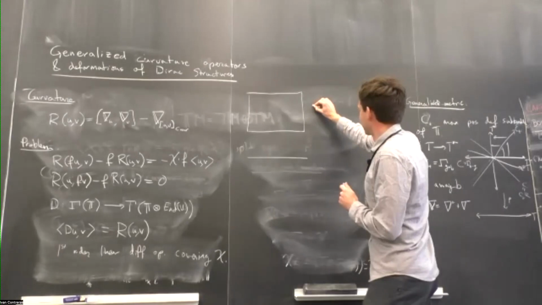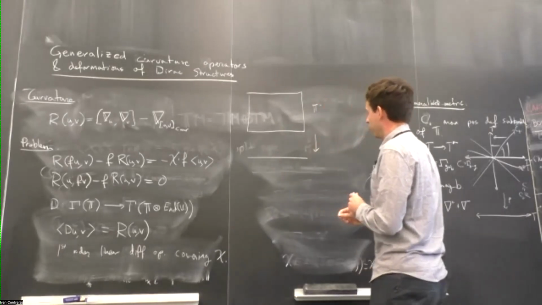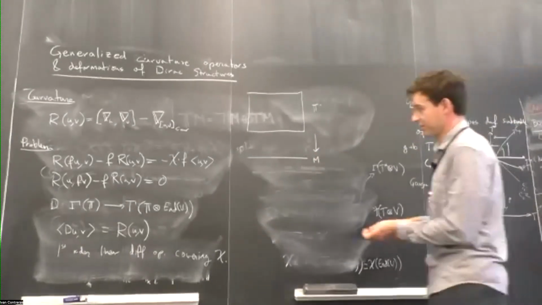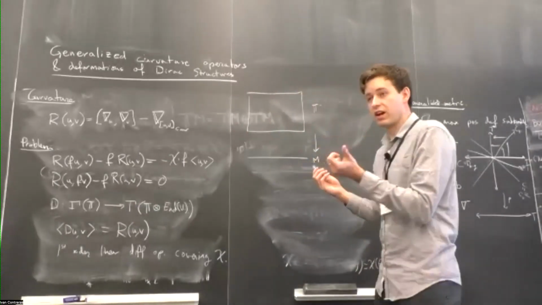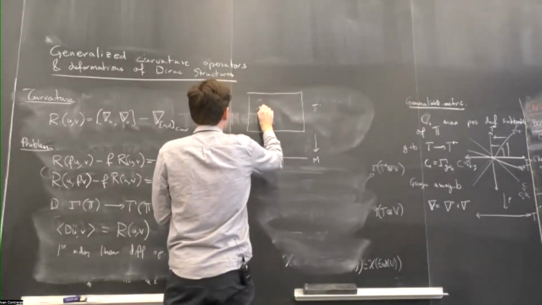Okay, so you have this generalized tangent bundle over M, and the picture is, so this differential operator, this first order linear differential operator is really a vector field on the total space.